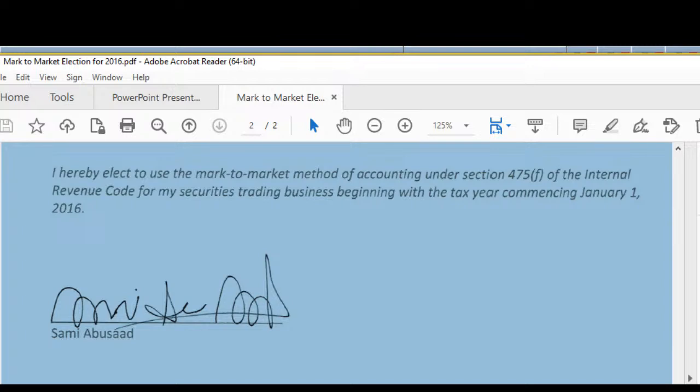After you go mark to market, two things happen. No more wash sale adjustments. The broker will not even report any wash sale trades on your 1099 because it coded your account as mark to market, not cash accounting.